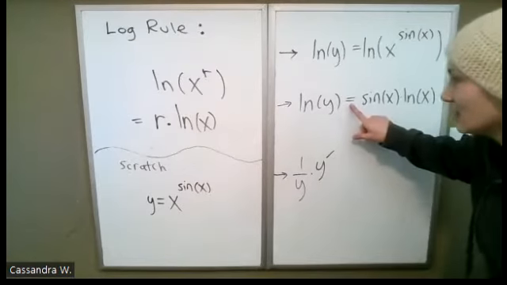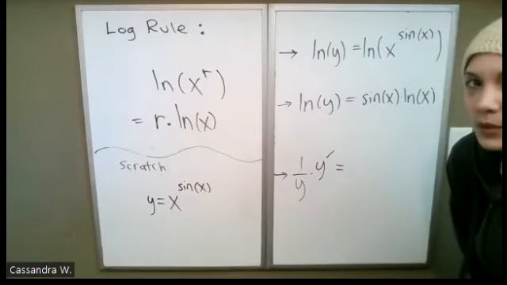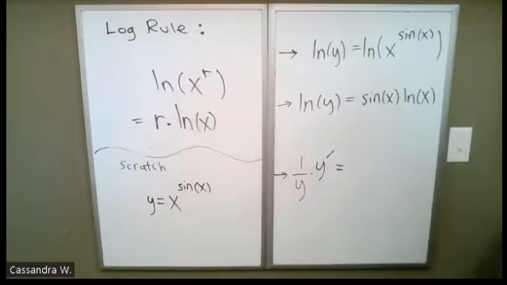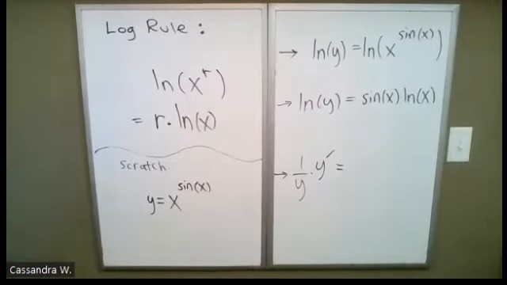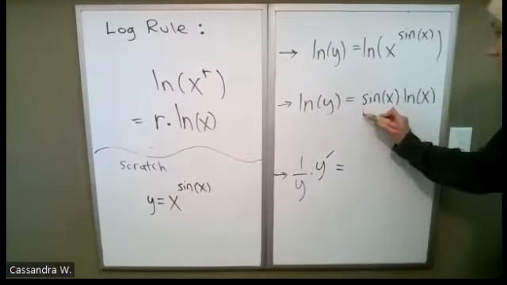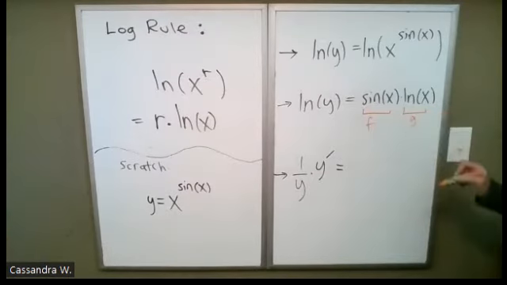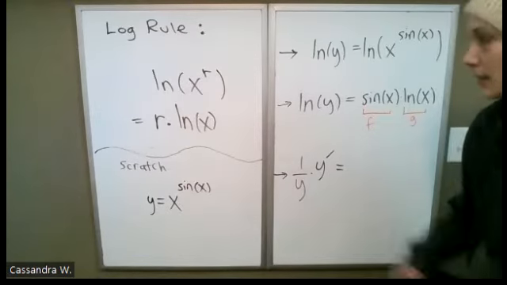And all right, equal to. We're going to need a product rule right here. Okay, I'm going to call this part F and this part G. And we're using F prime G plus G prime F.